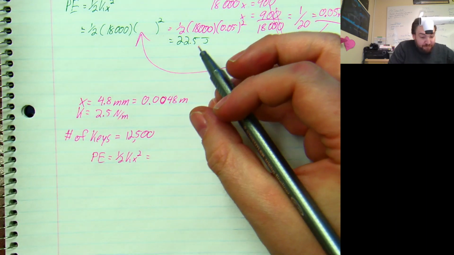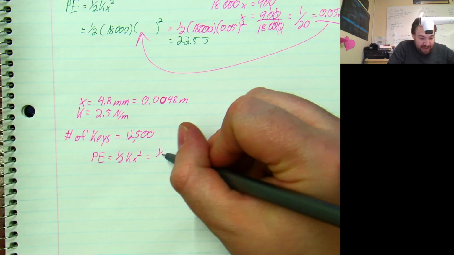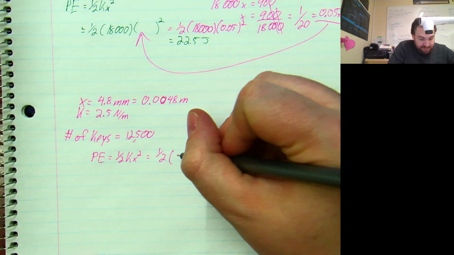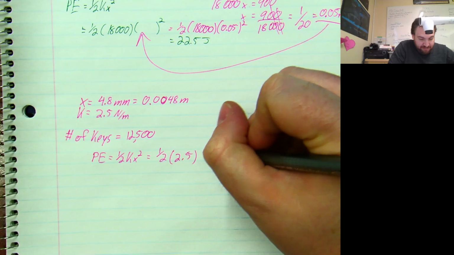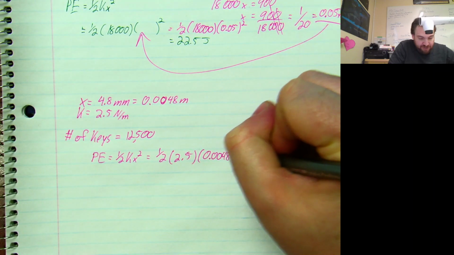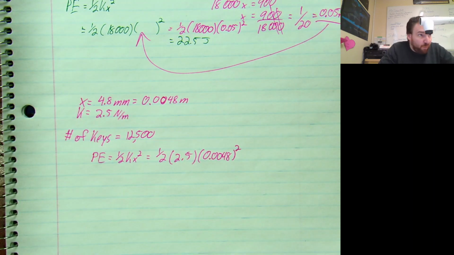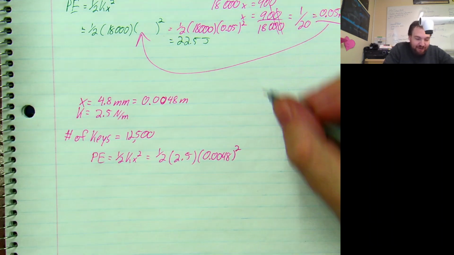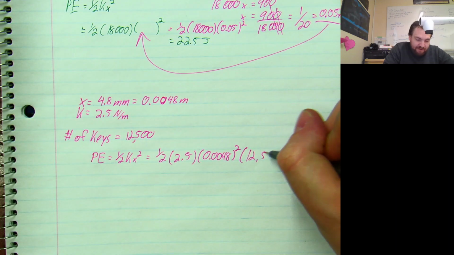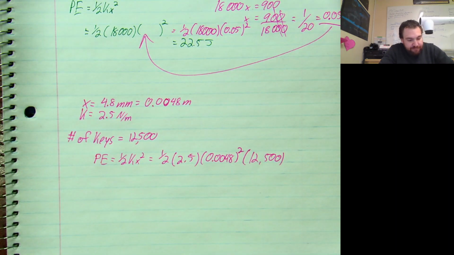So the energy for one keystroke is going to be 1/2 times k value of 2.5 times 0.0048 squared. That'll be the potential energy of one keystroke. And then you take that value and you multiply it by 12,500 to give you all of the keystrokes.